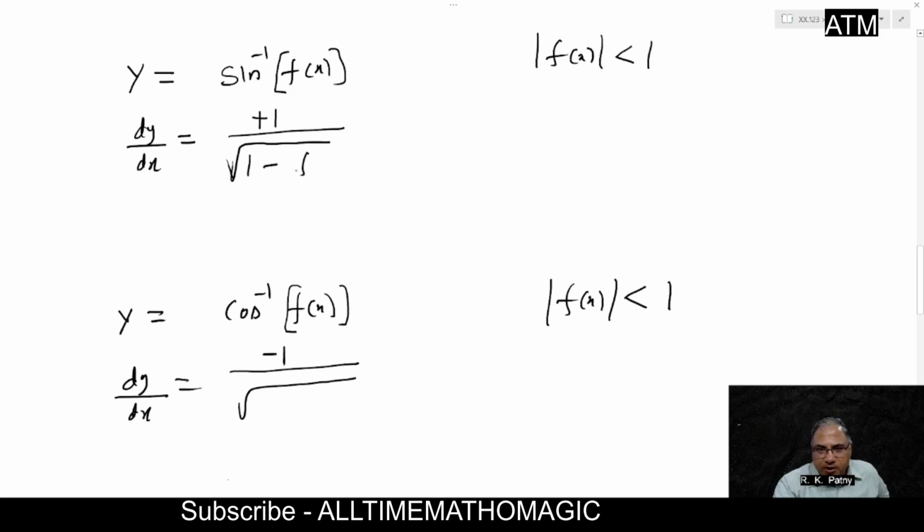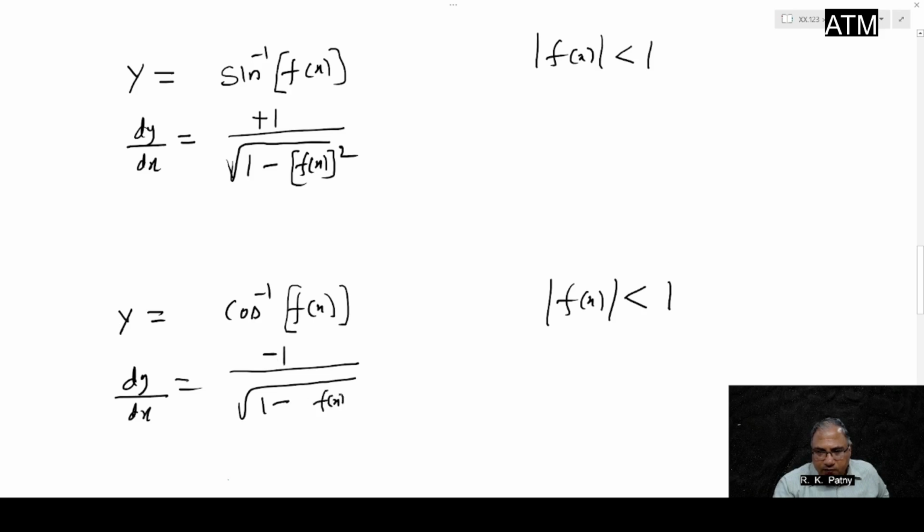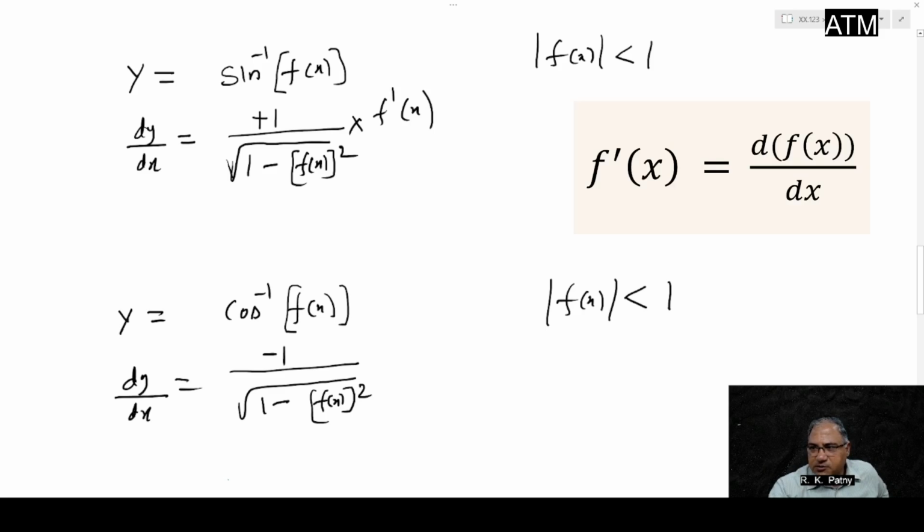Then 1 minus f of x whole square here, and here is 1 minus f of x whole square multiplied by f dash x. That is a derivative of f of x. What is f dash x? F dash x is nothing but dy by dx. And even for cos inverse x, here is also multiplied by f dash x.